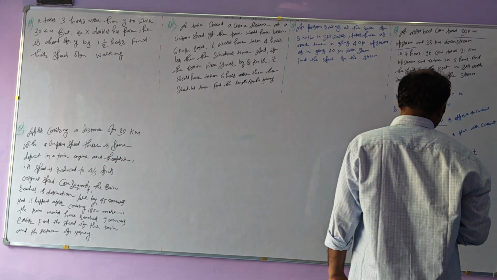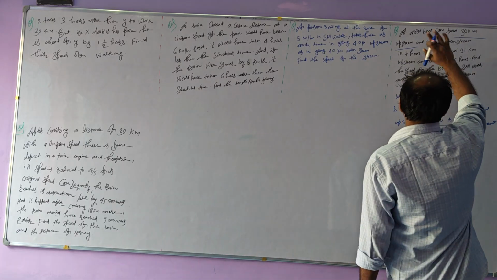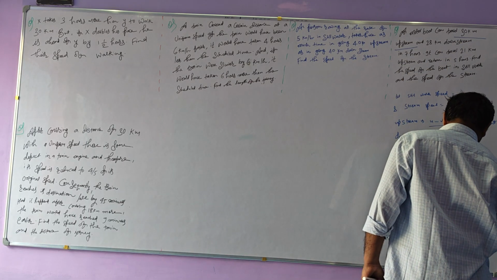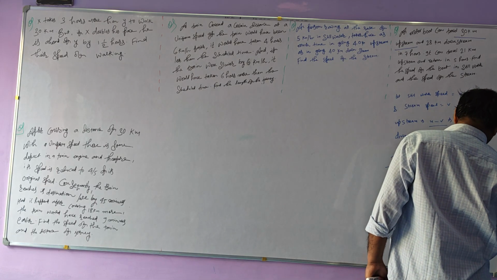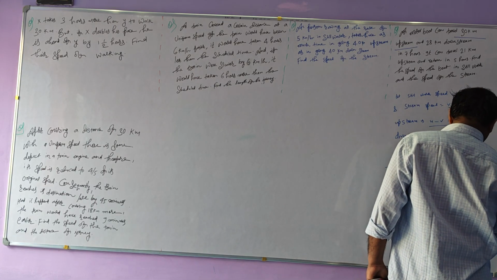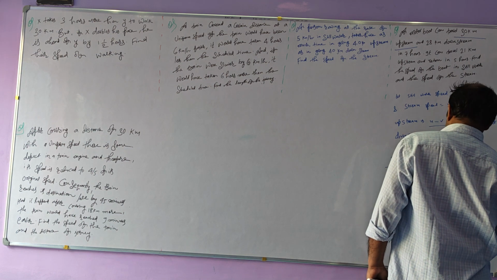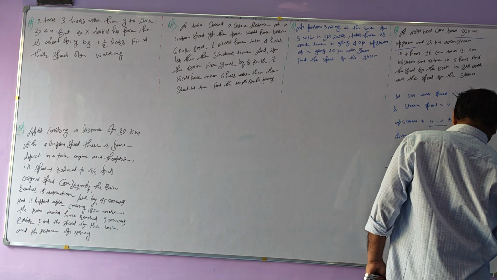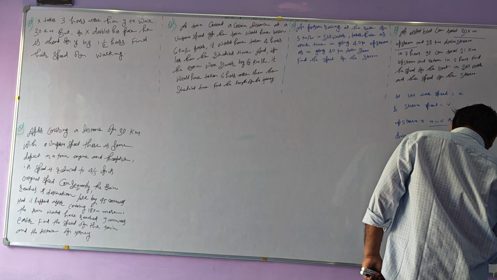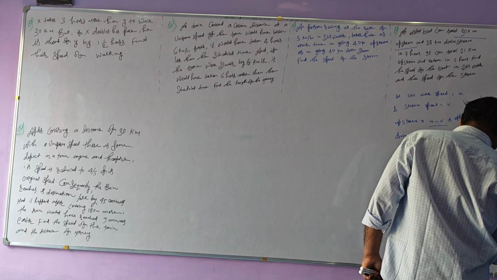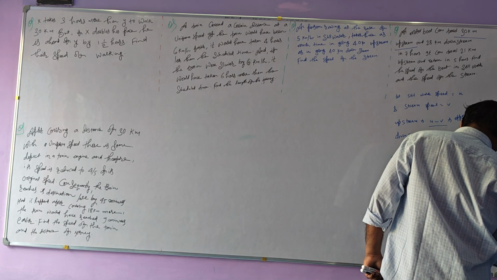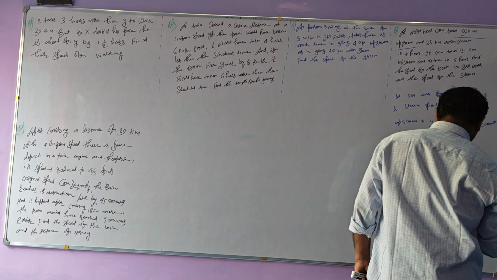Suppose we have 30 km upstream, then T1 is equal to 30, distance, upon speed, which is upstream u minus v, and T2 becomes 28 in downstream, that becomes 28 upon u plus v.